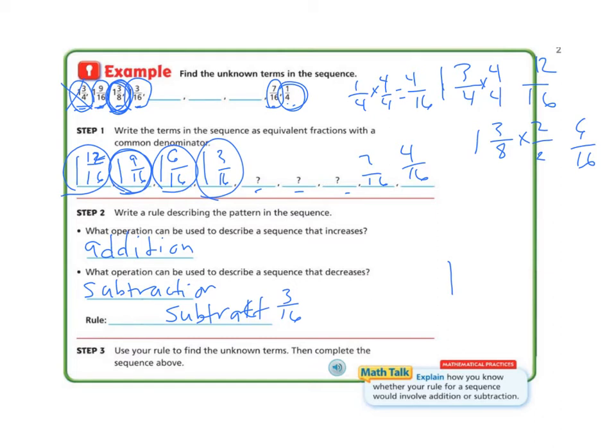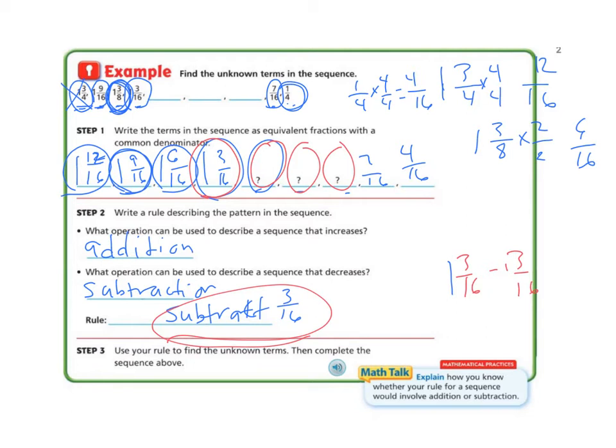So if I want to find out what's going to go in these three spaces right here, I need to start with this number, 1 and 3/16, and I need to subtract my rule, 3/16. So if I subtract 3/16 from 1 and 3/16, I'm going to get the whole number 1.